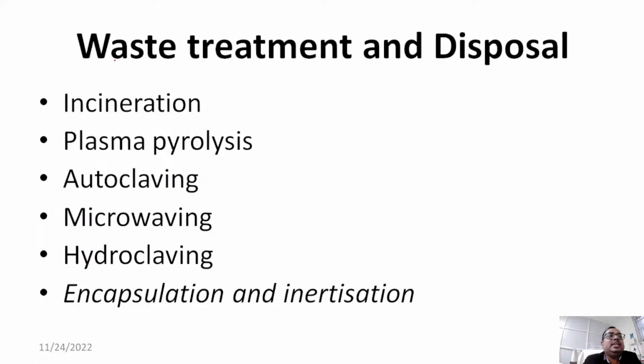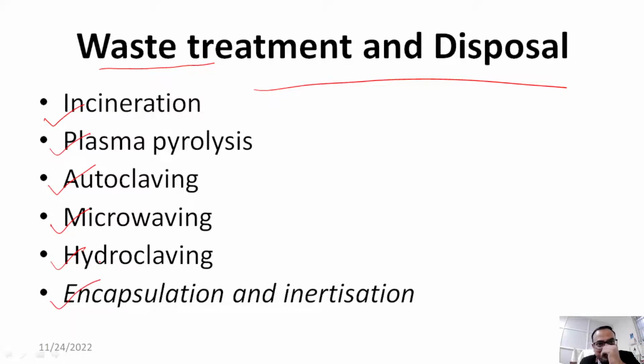Now let's see the various treatment options which we have discussed just now, like incineration, as well as the problem of this incineration, plasma pyrolysis, then autoclaving, microwaving, hydroclaving, and encapsulation and inertisation. So let's see each one, the importance as well as the drawback.